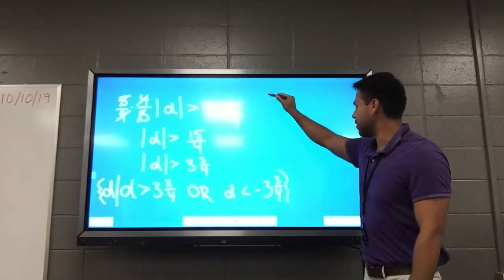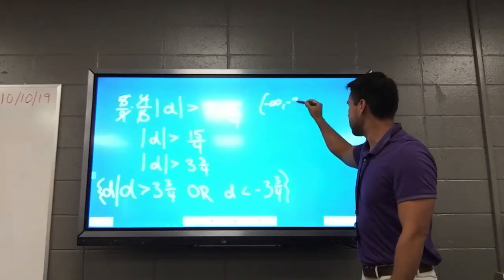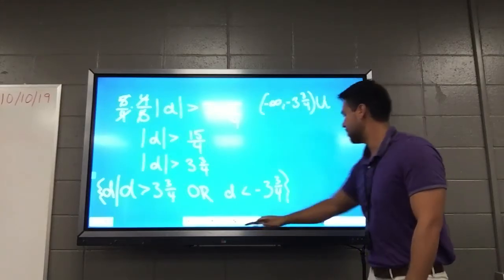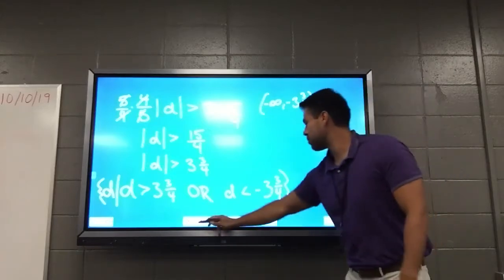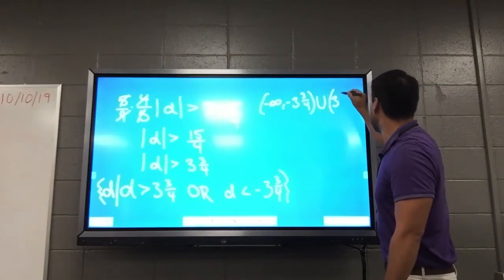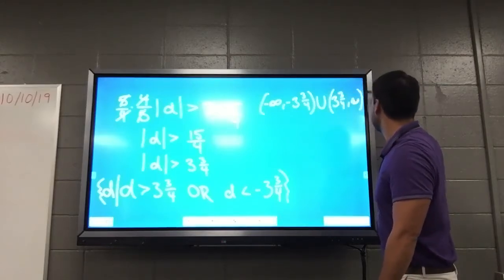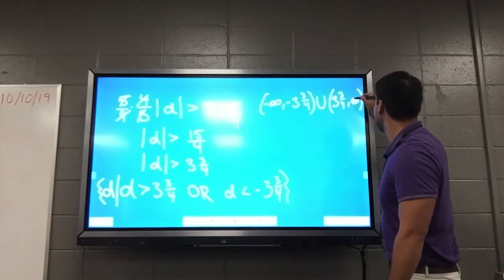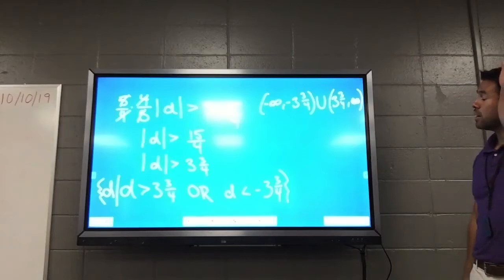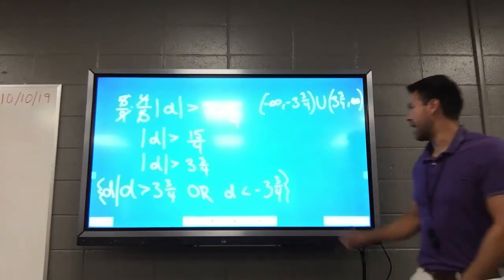So we're going to have here negative infinity, negative 3 3/4, union, 3 3/4, comma, positive infinity. That's your disjunction, union, and then your graph.